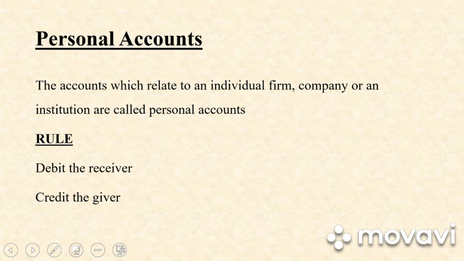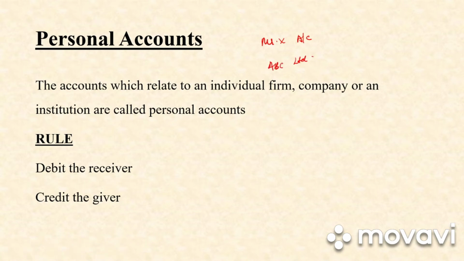First one is personal accounts. What is personal account? It can be a firm name, an individual name, or institution name. Say for example, Mr. X account. This is a personal account. Then we have ABC Limited.